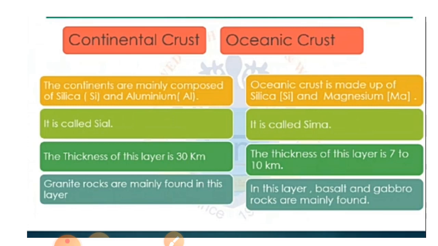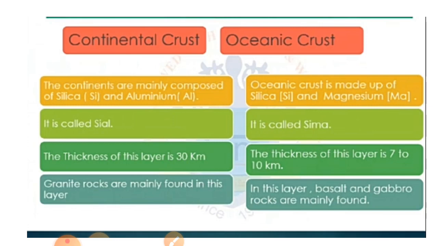Now let's see the characteristics of oceanic crust. Oceanic crust is the second layer of the crust. It is made up of silica, that is Si, and magnesium, that is Ma.